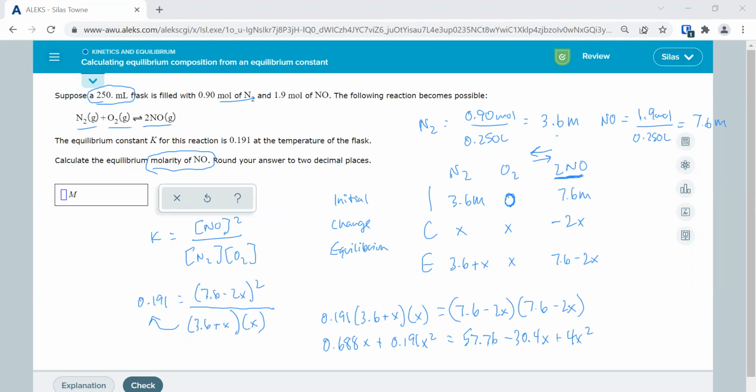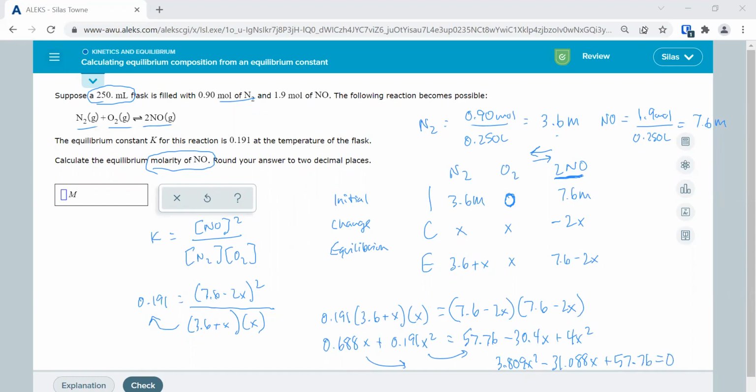Still, I've got to simplify. So I'm going to bring my x squareds together and my x's together. I'm going to bring both of these over, subtract them out, and I'm going to get 3.809x squared minus 31.088x. That was subtracted from a negative, so it got larger, and then plus 57.76 equals 0. Now this is quadratic formula, right?